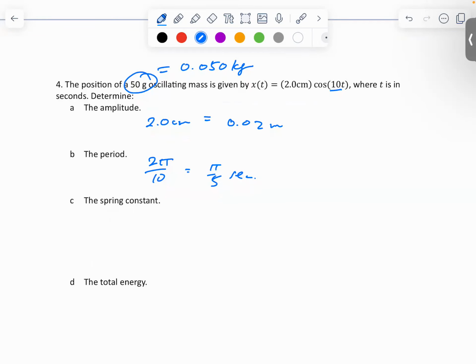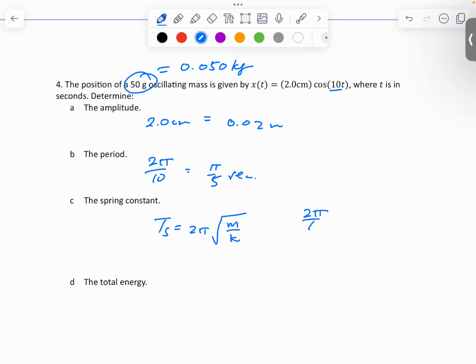The spring constant, because we know our period, which is pi over 5 seconds, we can use the period equation, which is what? 2 pi times the square root of mass over K, and we have the mass.